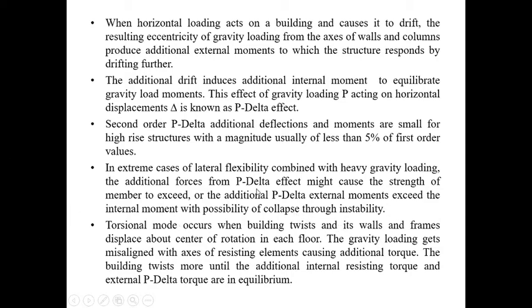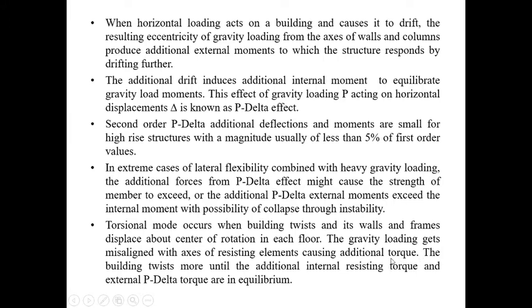Now this is about twisting. Suppose there is a twist occurring in the building, that is, the torsional mode is to be considered. When the torsional mode occurs, the building will twist, with its walls and frames displacing from the center of rotation in each floor, and at that time we need to consider the torque.